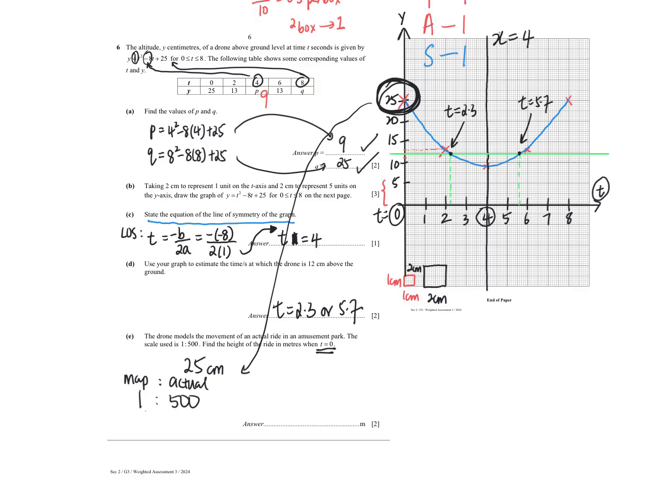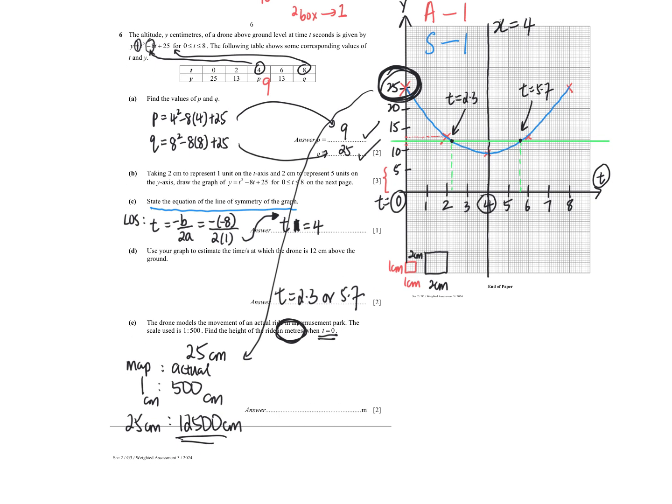So 1 cm is 500 cm in reality. So 25 cm is 12,500 cm. So they say, can you find it in meters? So for meters you must divide by 100. So the answer is 125 meters. So I need to see this value as your method mark, and then this one as your final answer.